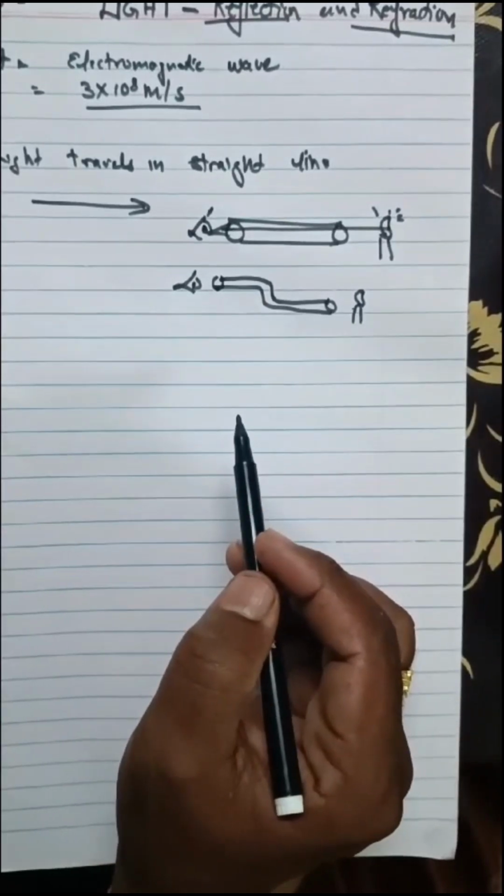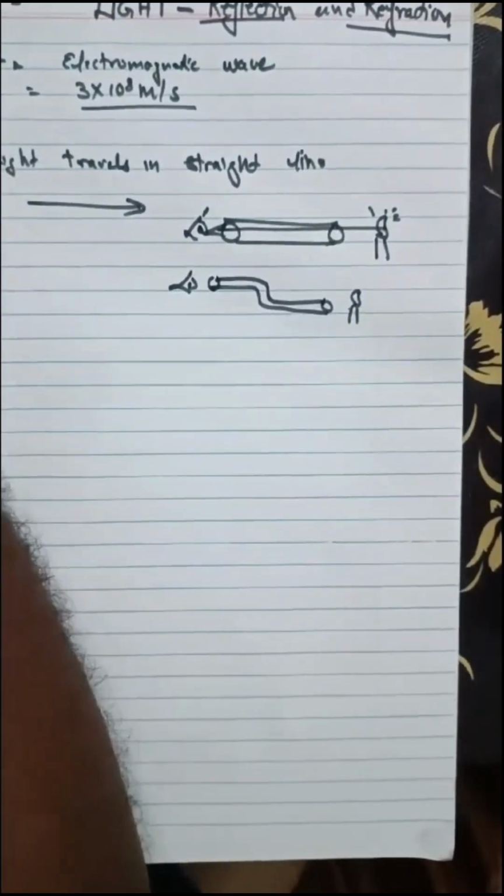Now in your class 10th, you might already have understood what is light and how things are visible to you. But let us think, because we should also understand the practicality of it: how can we see any object?